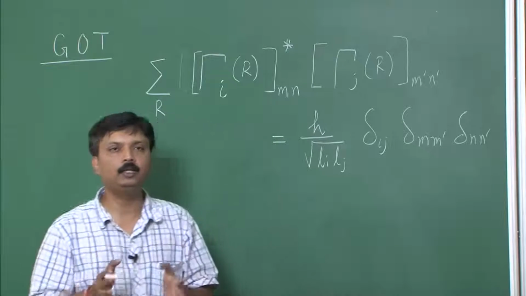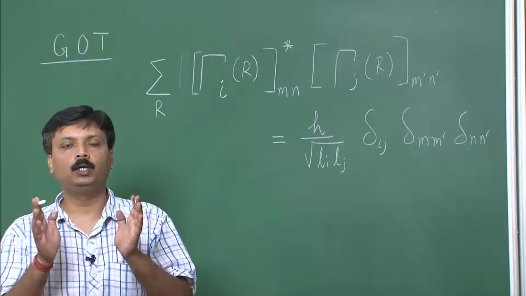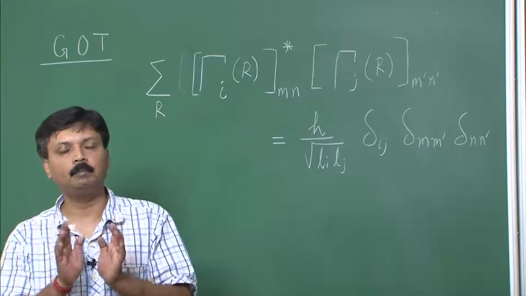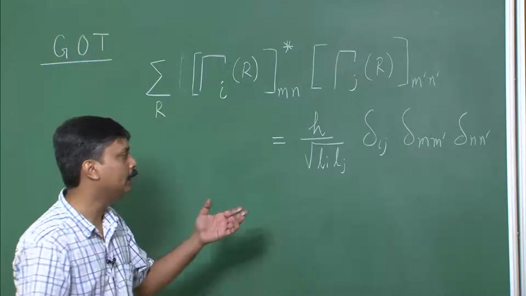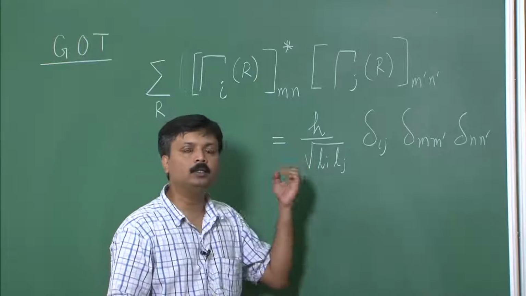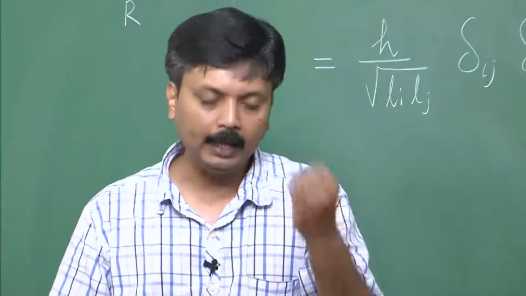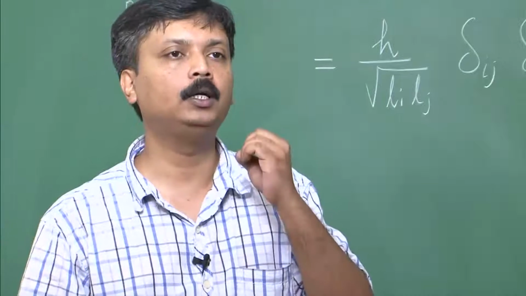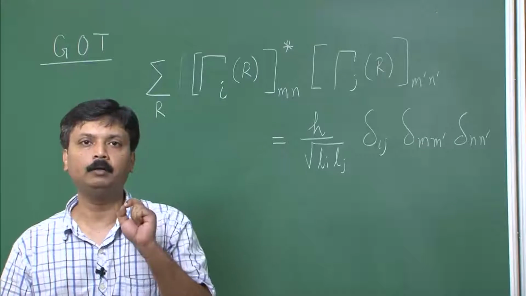For any given irreducible representation, you have the matrix. So the order of that matrix is the dimension of the representation, or in other words, I can say it is the character of the identity operation for any given IR.